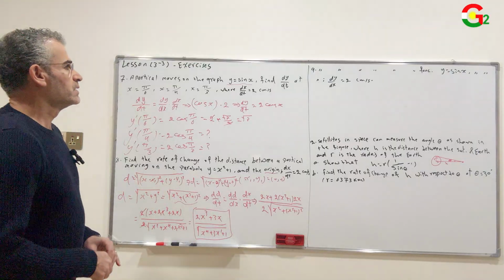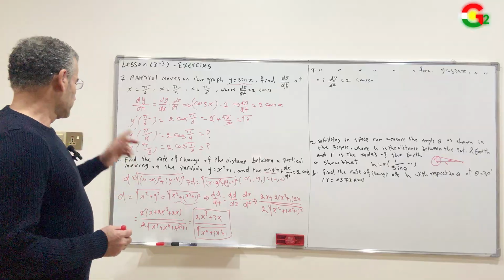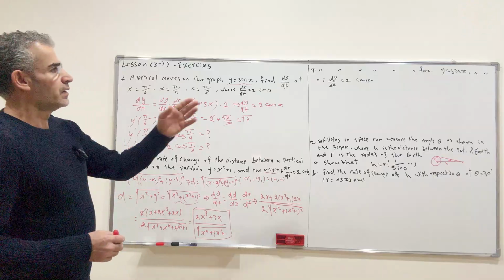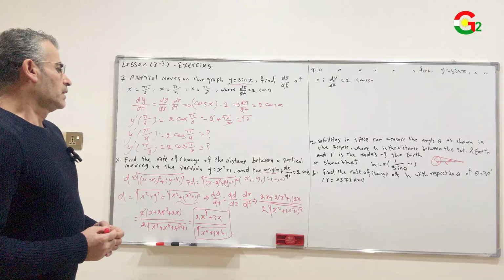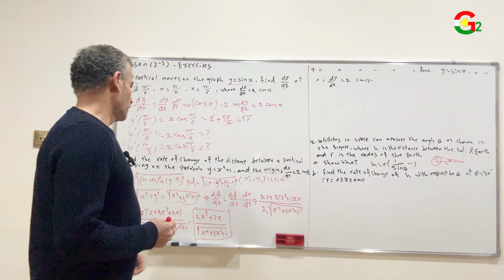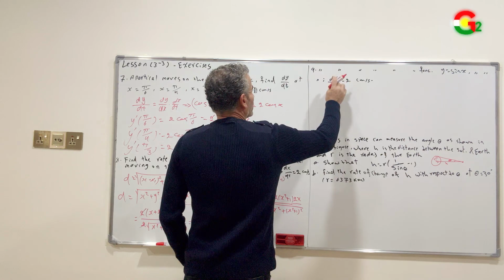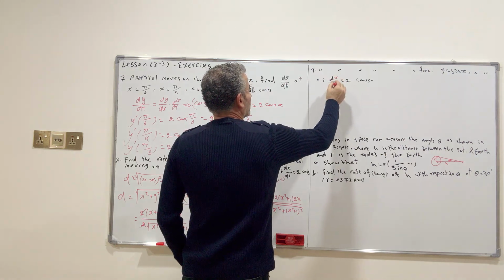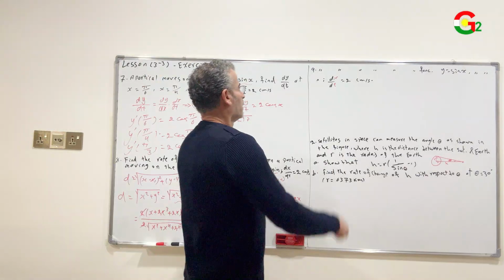Find the rate of change of the distance between a particle moving on the graph of the function y equals sine x and the origin, where dx by dt is equal to 1 centimeter per second.